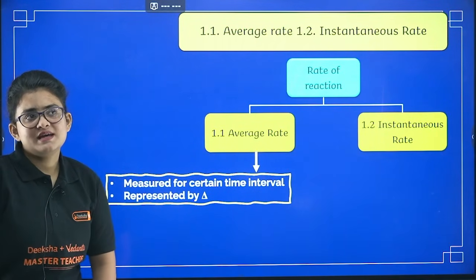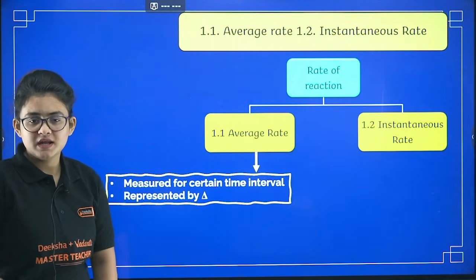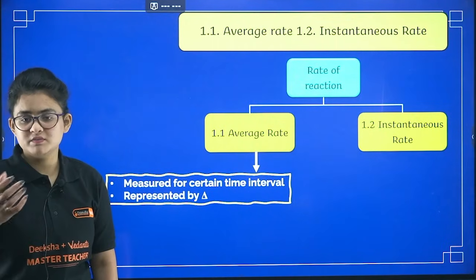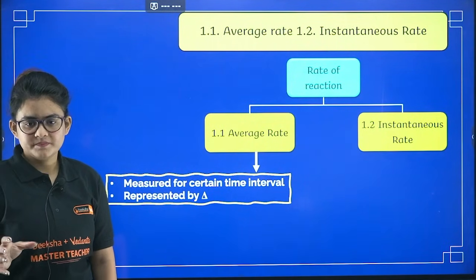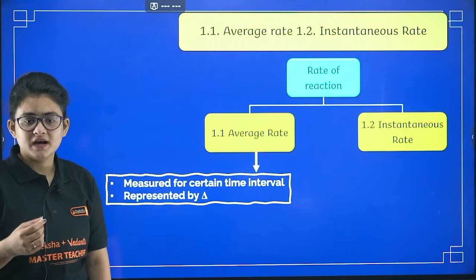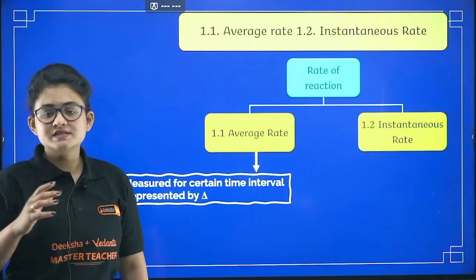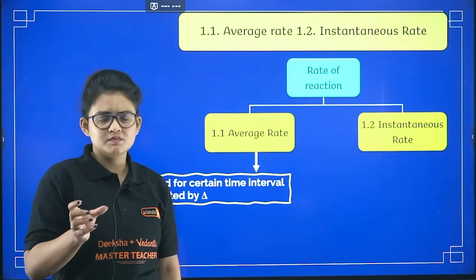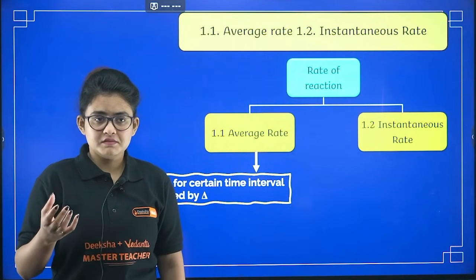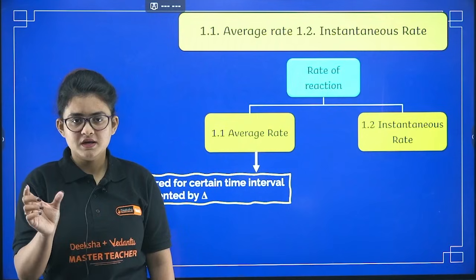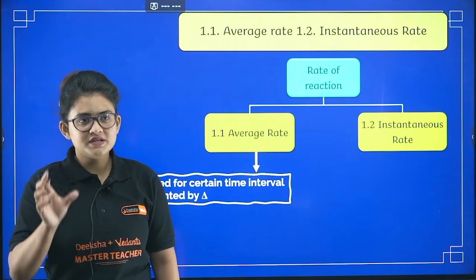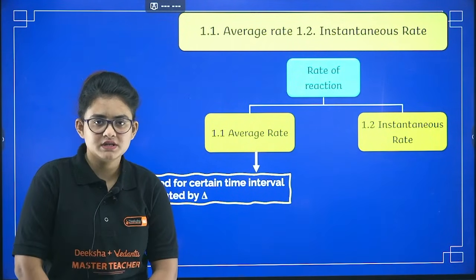Let's say I'm talking about 1 minute: in 1 minute, how much reactant is consumed? That is your average rate, and it is represented by delta. This interval is measurable, not very small that you can't define it, and not too large. It is measured with the naked eye, like 1 minute, 2 minutes.